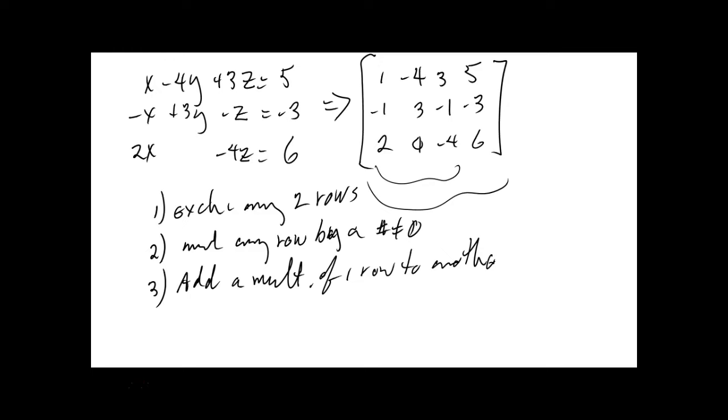So again: exchange two rows, multiply a row by a non-zero constant, add a multiple of a row to another row. Now for some reason, I'm sorry, I wasn't reading carefully. On this page 14, they repeated that with equations in it, and then wrote it with rows. So I only wrote it with the word rows rather than equations.